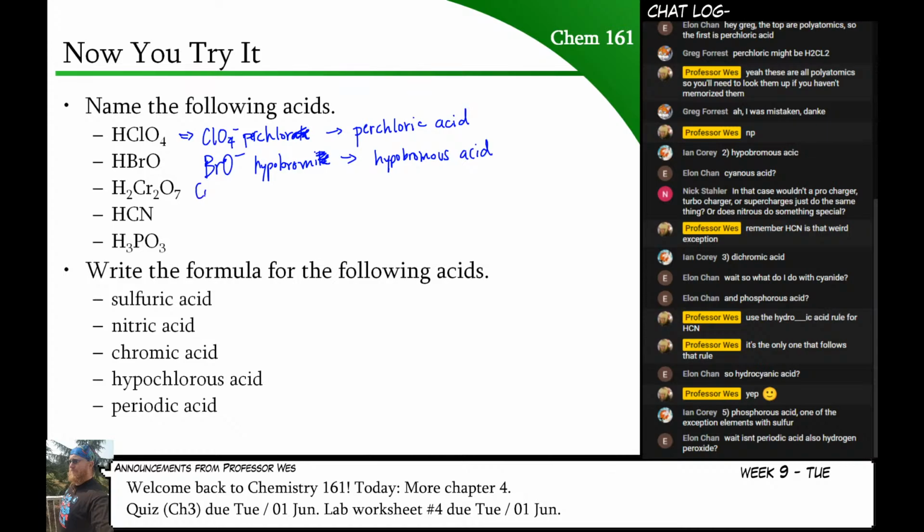Down here, there's the dichromate ion. We'll get rid of the ate. We'll replace it with ic acid.